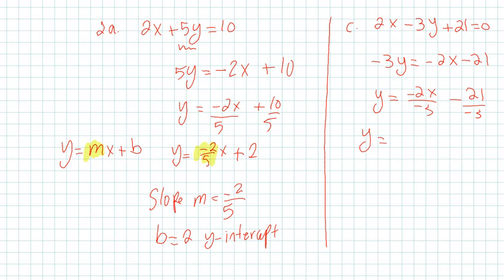Can I simplify that? The only thing I can do is change the sign, because negative divided by negative is a positive. So I have 2 over 3x, because the two negatives cancel each other. How about negative 21 over negative 3? That's a positive 7.